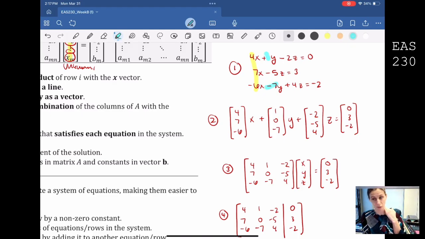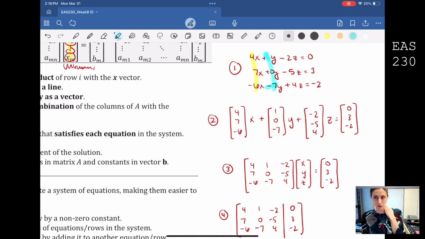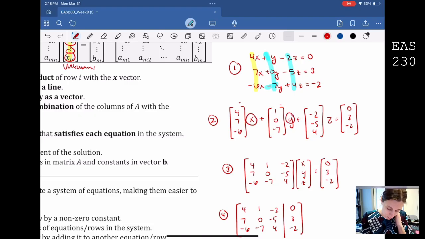Note there's a 0 in the middle in my second equation, which I can move over to make it much more explicit. These numbers here are my second vector times y, and these numbers here are my third vector times z. This is my linear combination: a scalar times a vector plus a scalar times a vector plus a scalar times a vector equals my b vector.